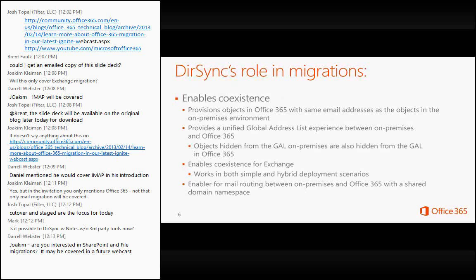And if somebody wants to email a particular user in the cloud, it will reroute that mail back to on-premise and vice versa. As we go through the slide deck, towards the back end, we do talk a little bit about the mail routing and how that works at a fairly high level, but it is something that we will cover.